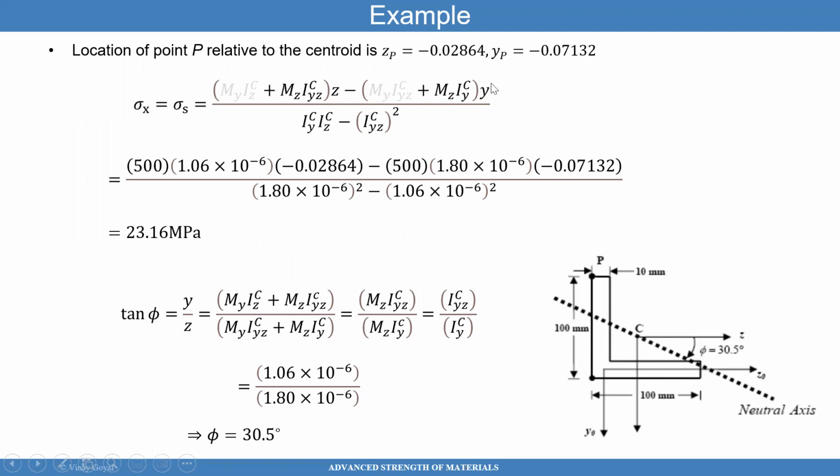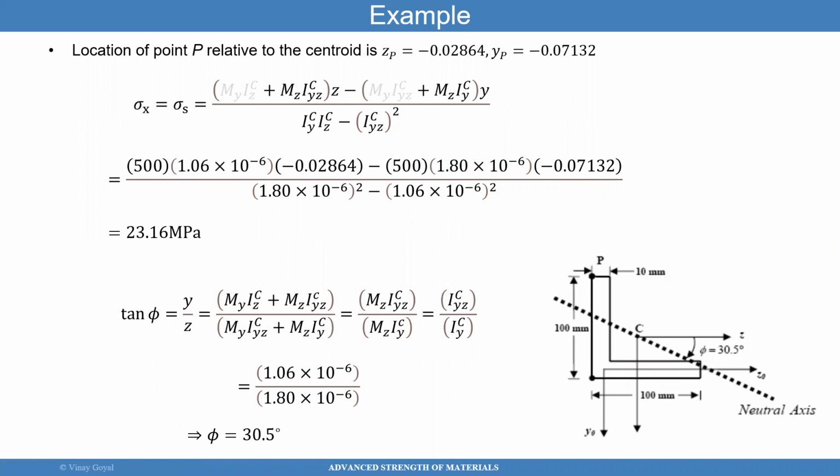And then I have that y coordinate that goes from this point to that point, obviously in a negative direction. And that also gives me a number of minus 0.07132. I have these calculations at the bottom because I already did them earlier. And the stress at point P is then calculated as 23.16 megapascals.